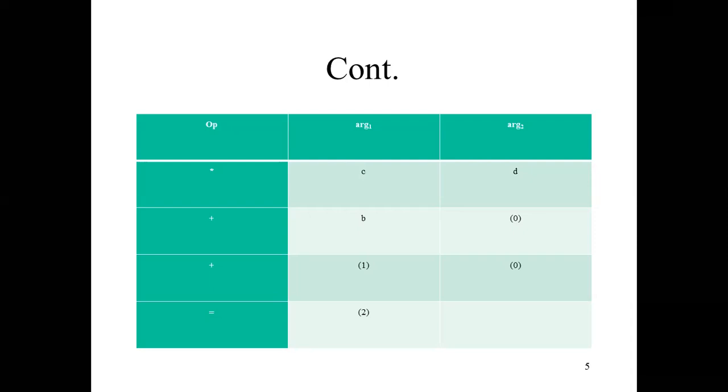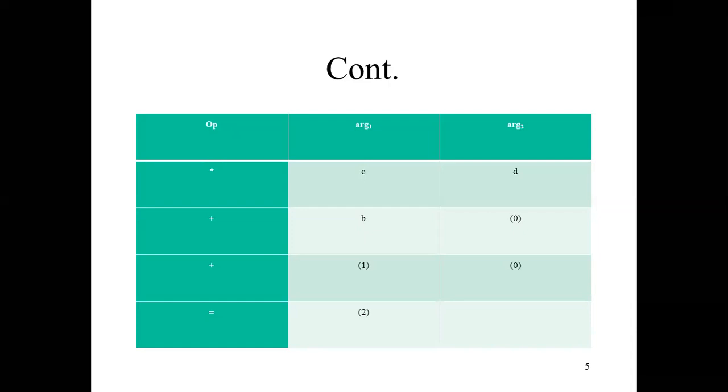Here in the preceding slide, we had written argument 2 as R1. But in case of triples, in place of R1 we will write only the position. Position means line number. We will indicate it by line number.